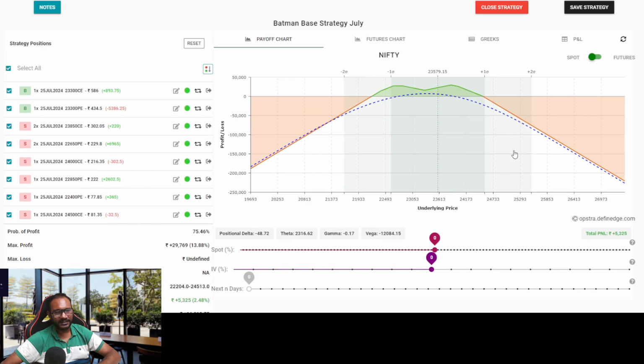Here the adjustment, I'm not going to make it so complicated. It's pretty plain and simple. Batman is created at 23,300, and where is the market right now? 300 points on the upside, right? So I am covered so big on the left hand side.